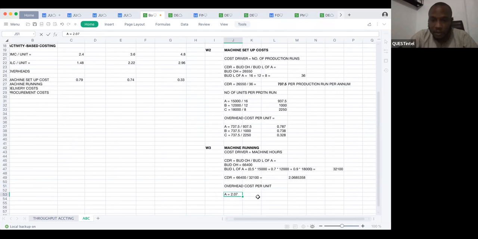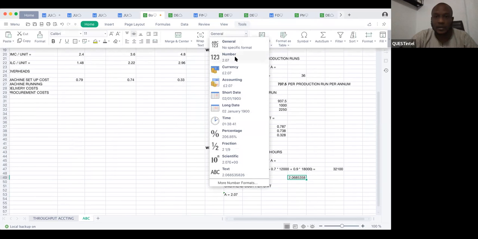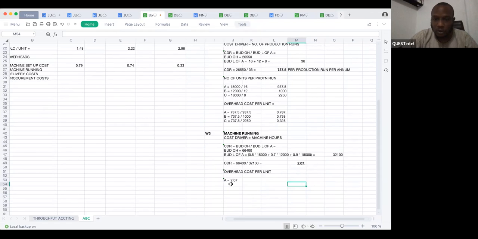So let's just call it 2.07. So for us to be sure of that, let's reduce the decimal places so that we don't start looking for where the figure came from. So this would be 2.07 multiplied by, what's the number of machine hours? This is 0.5, right? It's machine hours, not labor hours, so be careful.